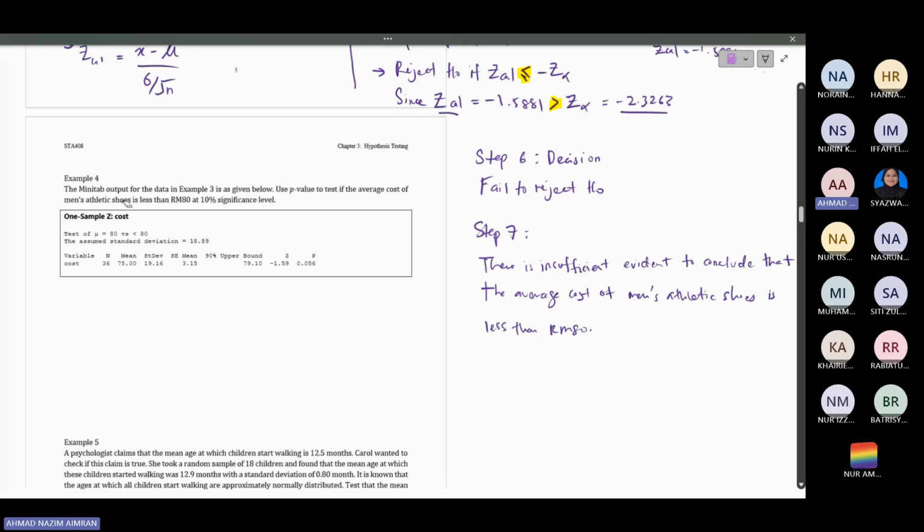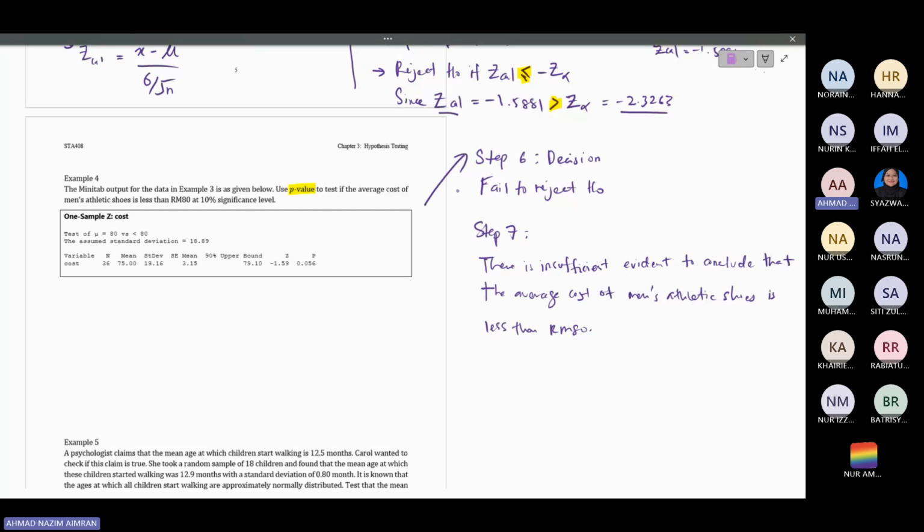The Minitab output for the data in example 3 is as given below. Use p-value. Now, you need to use the p-value. Remember, if the question asks you to use p-value, but you use the test statistics as discussed earlier, you won't get any mark for the calculation or for the method.